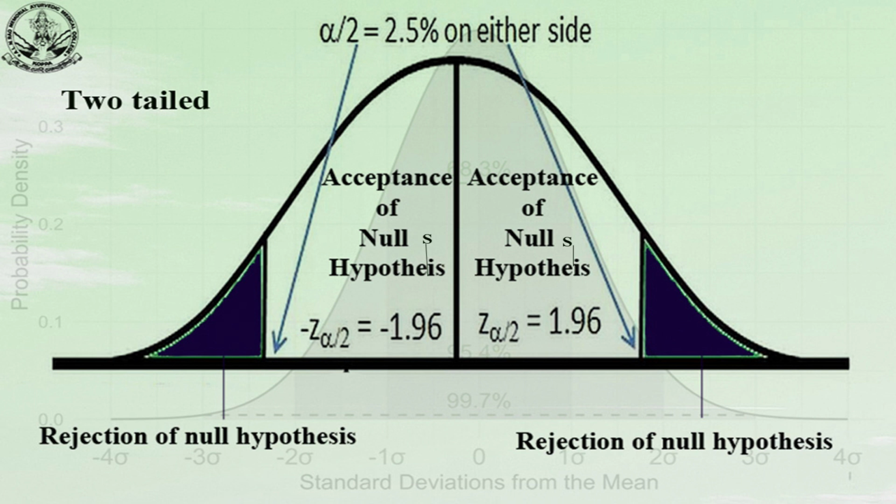Exactly half lies on one side, and another half lies on the other side. This is for 95%. Whatever is in color, both taken together is 5%, meaning 2.5% on this side and 2.5% on the other side. 95% is in the middle. That's the acceptance zone of the null hypothesis, while the overall 5% lies in the rejection zone of the null hypothesis.